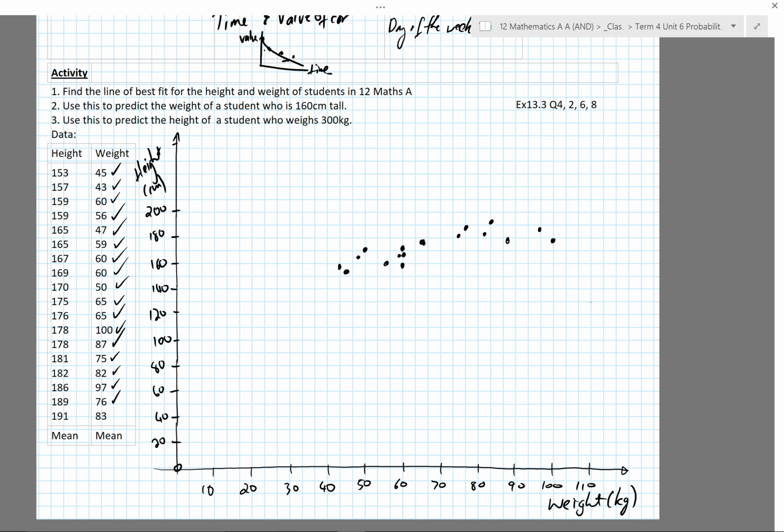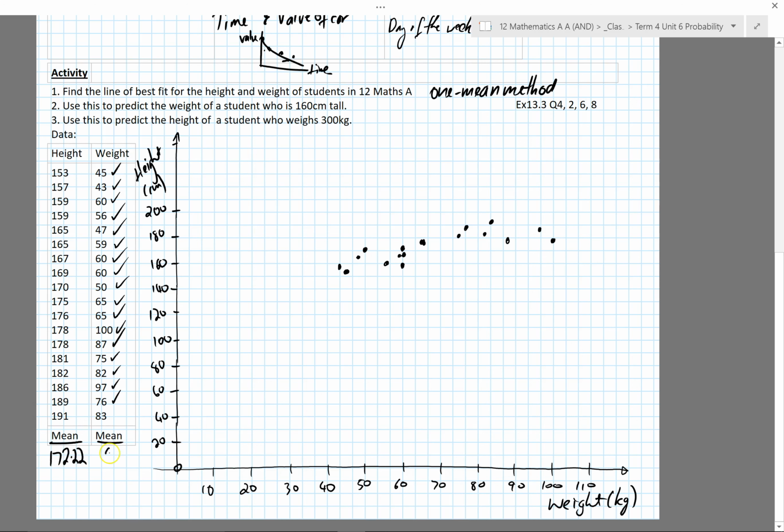So what we're going to do is have a look at this thing called the one mean method. What we'll do to the height and to the weight, we're just going to calculate the mean of all this data. So we'll add it together and divide by how many there are. The mean height is 172.22.